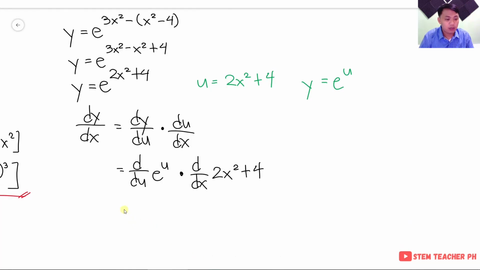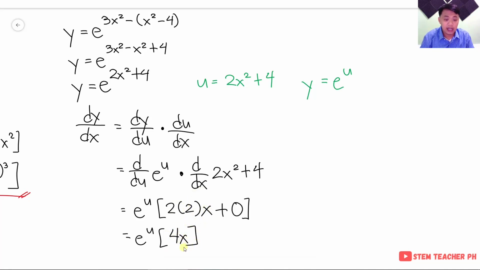So this is just equal to, ang derivative ng e raised to u is itself, so this is still e raised to u, multiplied to, applying power rule, ihiwalay si 2, tapos ibababa sa exponent, so this is 2 times 2, tapos x, and then bawasan ng isa yung exponent, so this is 2 minus 1, we can write this as x raised to 1 or simply x, and then plus, derivative of a constant is just 0, then we simplify, this is equal to e raised to u, multiplied to 2 times 2 is 4, times x is 4x, plus 0 is still 4x.